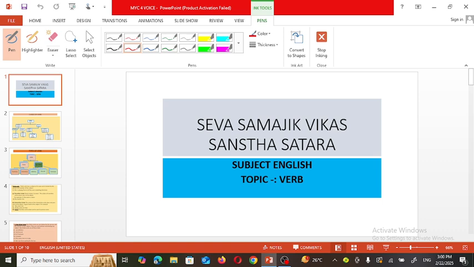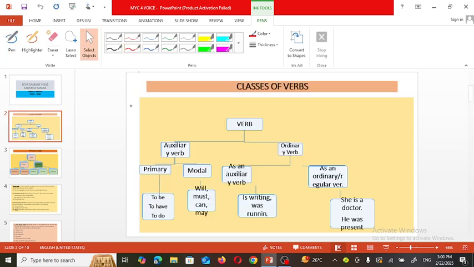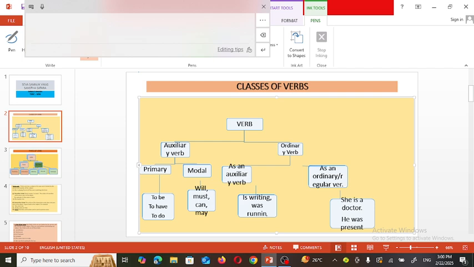So verbs can be classified as auxiliary verb and ordinary verb. What do you mean by auxiliary verb? Auxiliaries we are using for many purposes.